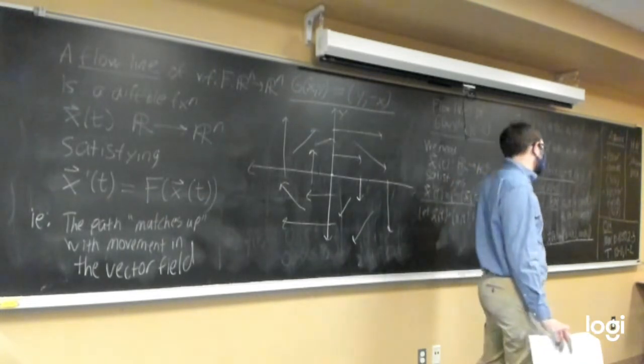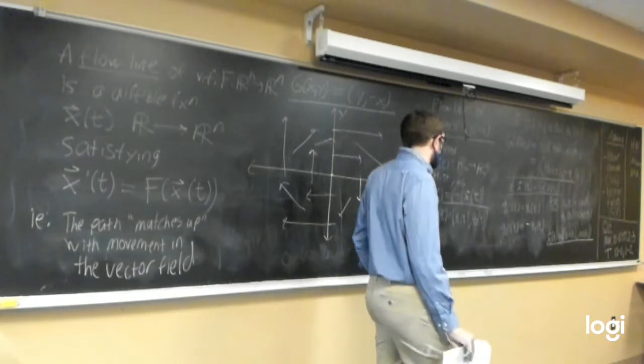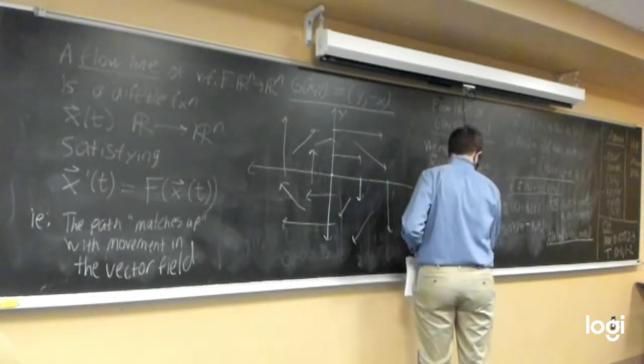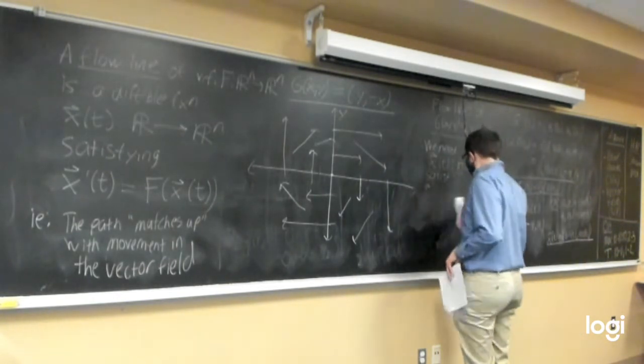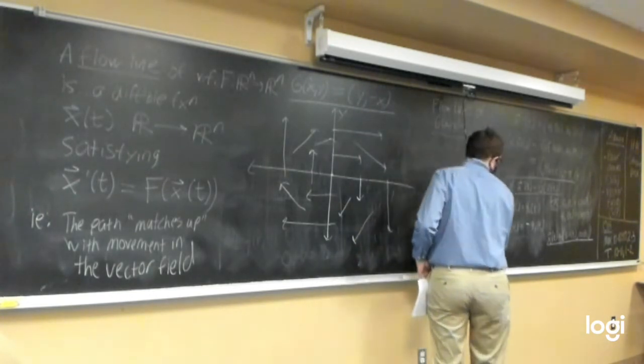In either case, we'd end up with cosine of t, comma, negative sine of t. Any questions or comments?